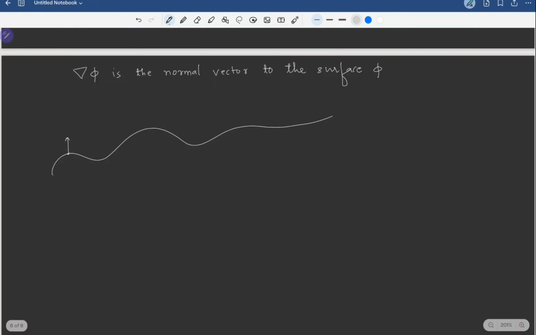Let this be any random surface. If you wish to draw a normal vector at this point, just take the tangent at this point and draw a perpendicular like this. So this is the normal and this is the tangent. We are talking about a particular point here.